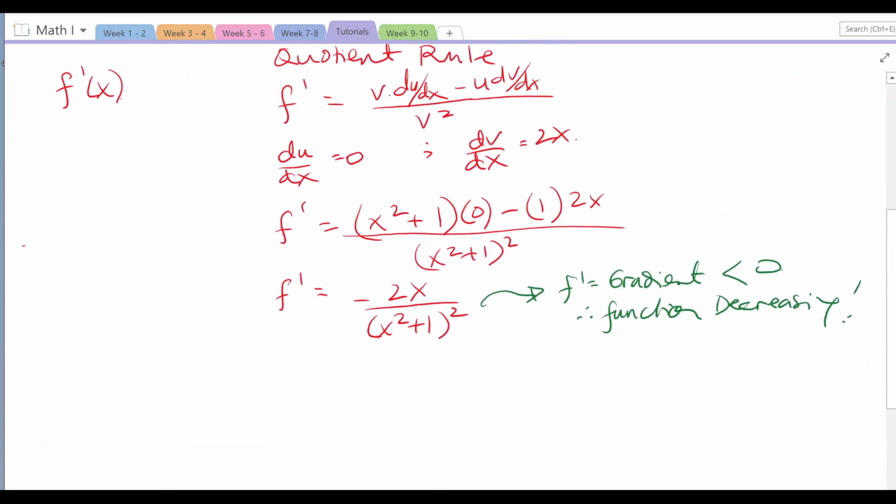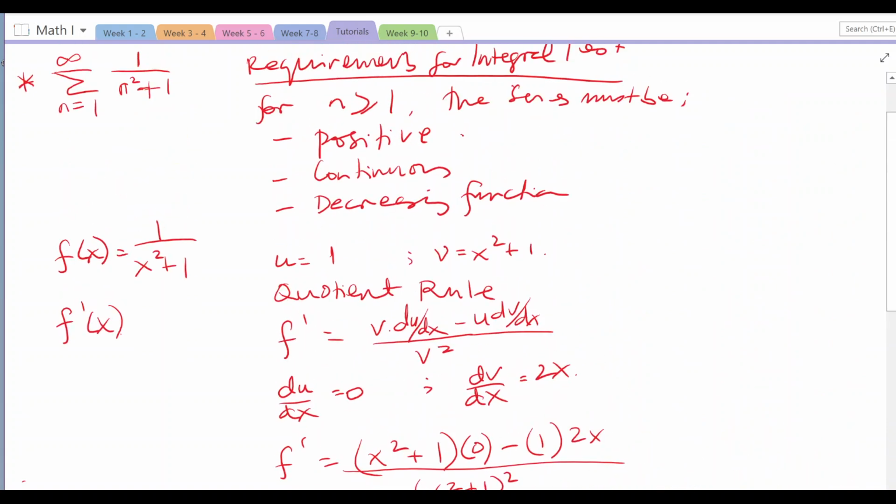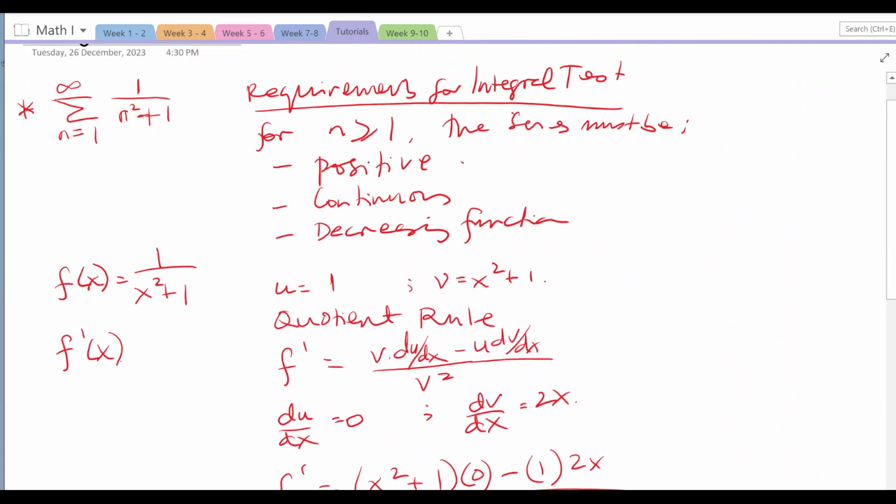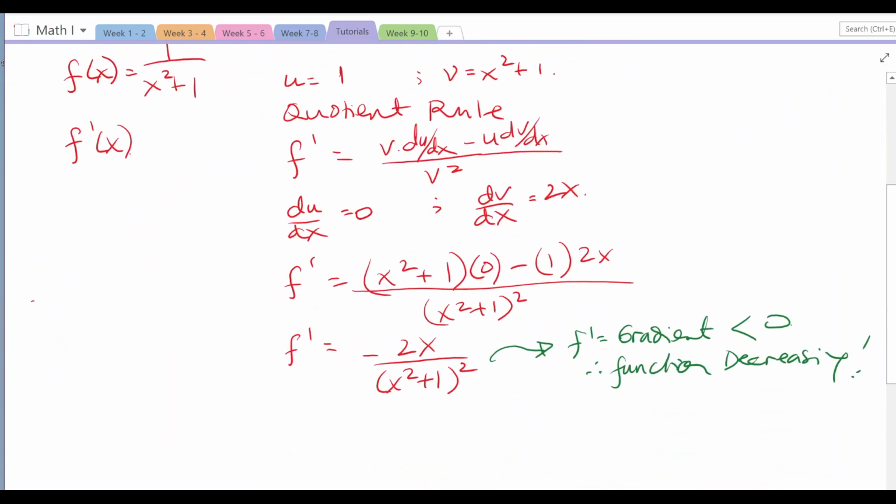Using the integration rule is quite complicated. So what is the integral of this function between 1 and infinity?